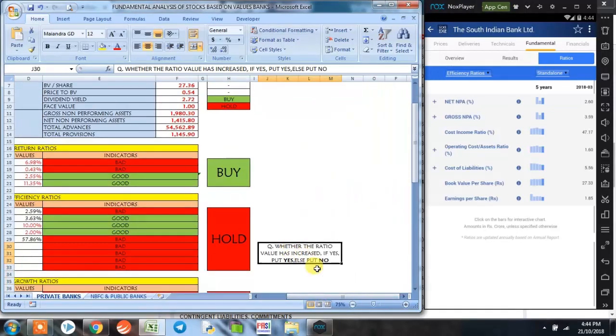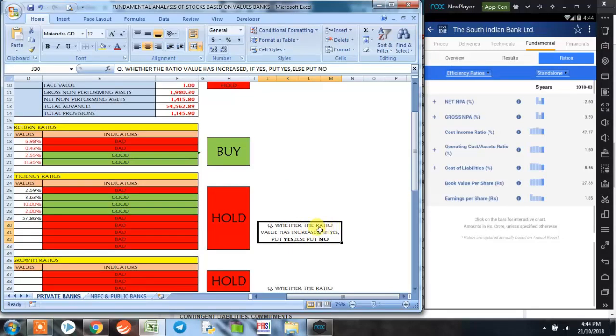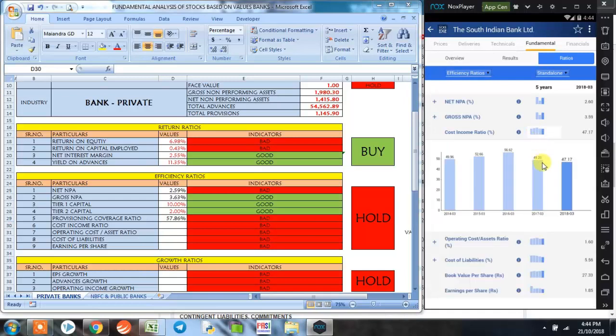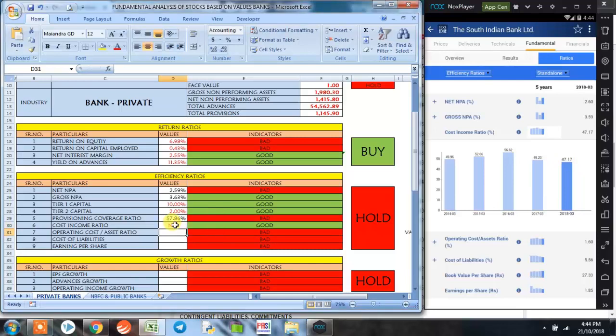Here we need to check whether the value has increased over the time or it has decreased over the time. If it has increased, then put yes. If it has decreased, then put no. So cost income ratio here, we could see from 49.20 it has decreased to 47.17. So here we put no.